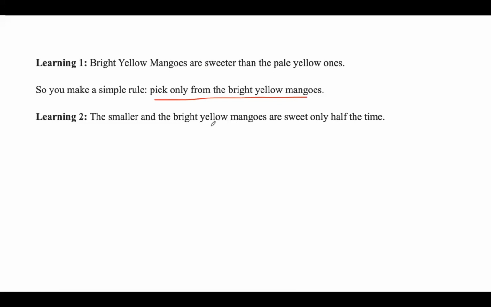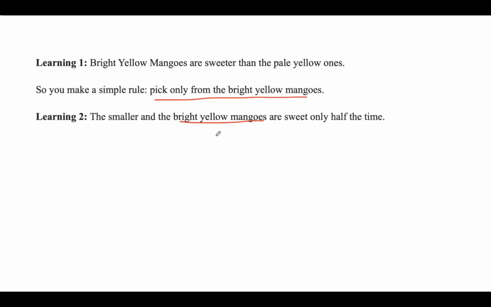Even though the mangoes are bright yellow, if they are smaller, then they are sweet only half the time. Earlier, you considered all bright yellow mangoes to be sweeter. After that, you came to know only the big bright yellow mangoes are sweeter, and the small ones only half the time. So when you went home and tasted the mangoes, some of them were not as sweet as you thought.